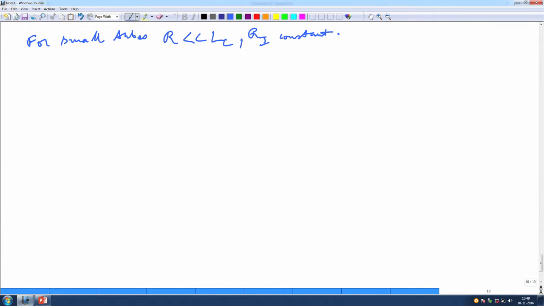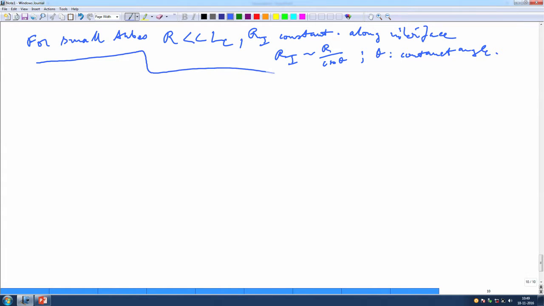Ri is constant along the interface, and its value is given as r cos theta, where theta is whatever the contact angle is. So for small tubes we can write a slightly simplified version.